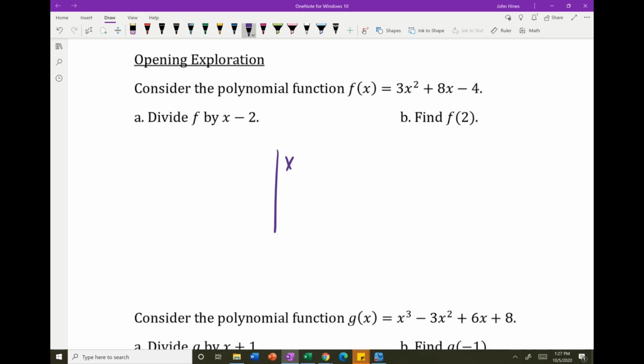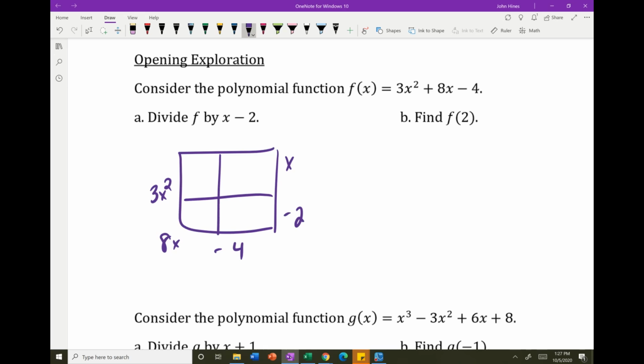All right, hopefully you paused it. X minus 2, I'm dividing 3x squared, 8x, and negative 4. So I need a 3x up there, negative 6x there when I multiply. I'm at negative 6. What minus 6 is 8? Well, 14 minus 6 is 8.